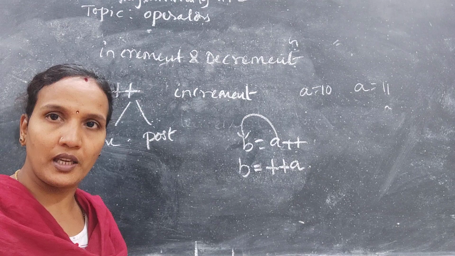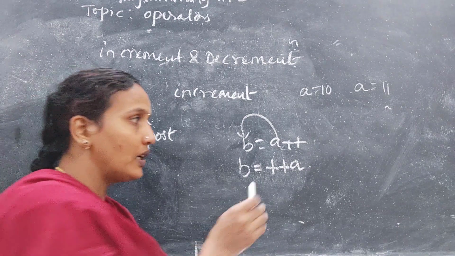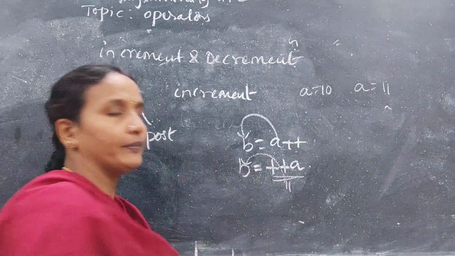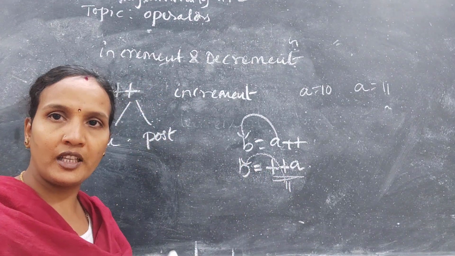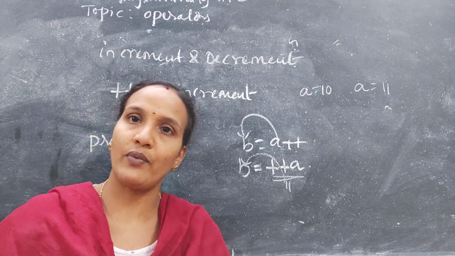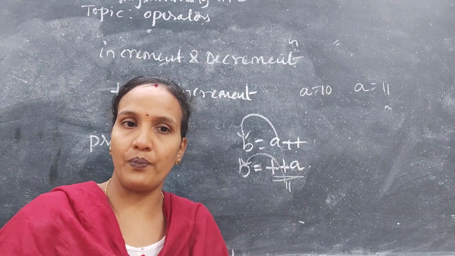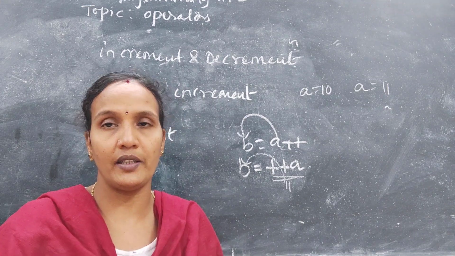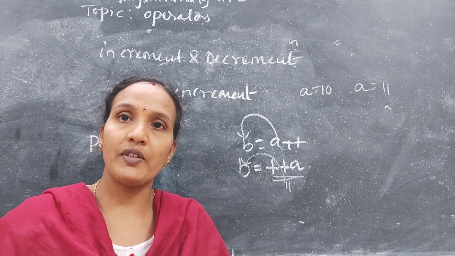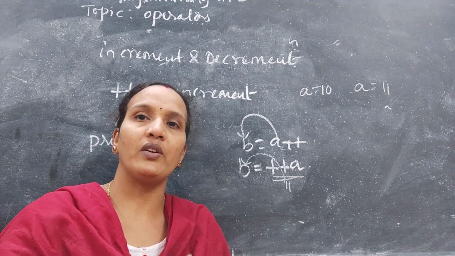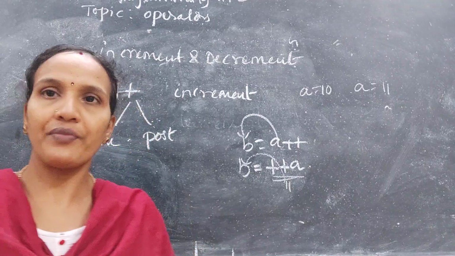In a pre-increment, a is incremented first, so a becomes 11, and then it is assigned to b. The value is incremented either way, but the order differs. In a post-increment, the value is first assigned, then incremented. In a pre-increment, the value is incremented first, then assigned to the other variable. That is the difference.